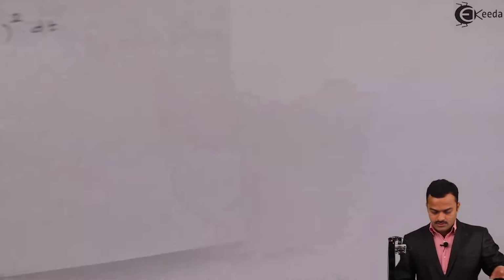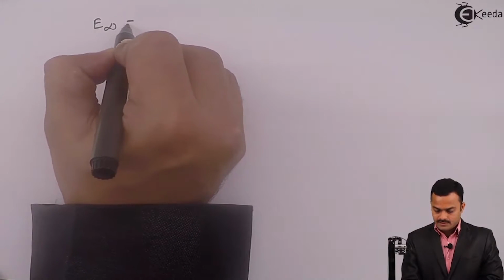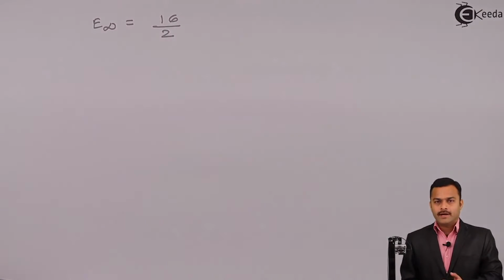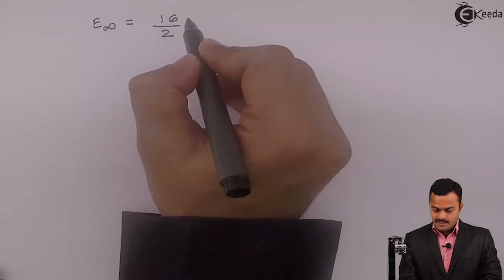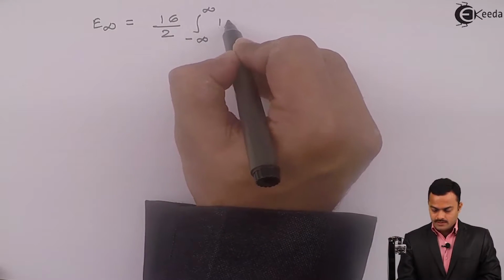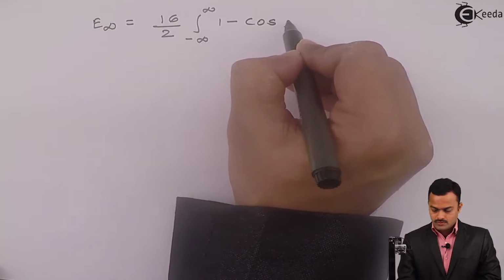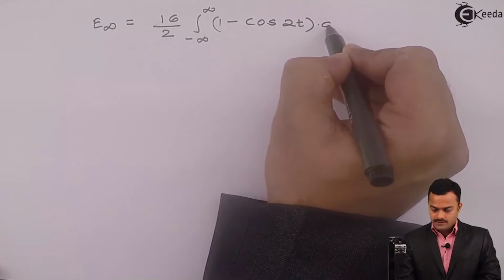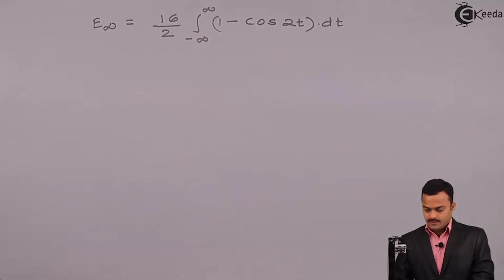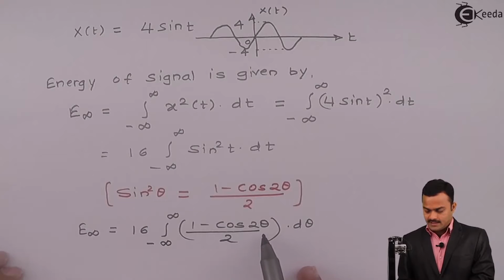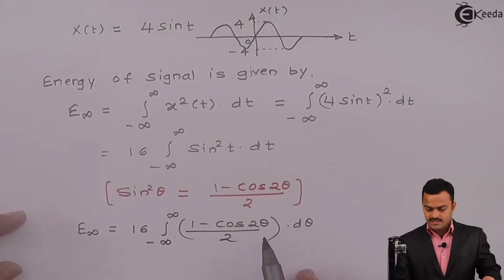So if you solve, I will get 1 by 2 outside and inside the integral it is 1 minus cos 2t into dt. Remember, here I had taken a theta and that theta I renamed as t once again.